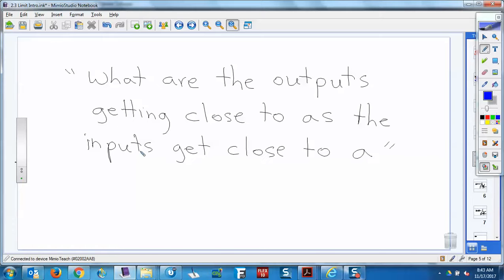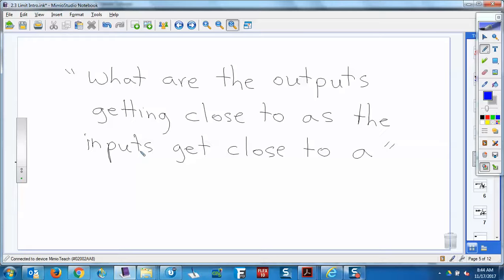All right. So another way of saying this: when we're doing a limit problem, we're asking, what are the outputs getting close to as the inputs are getting close to some number a? Right now we've been doing h approaches 0, so our input has been h, for the definition of the derivative.